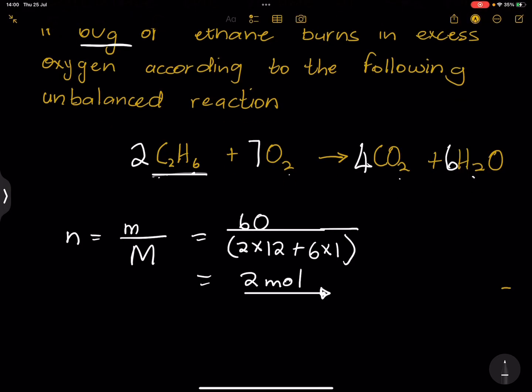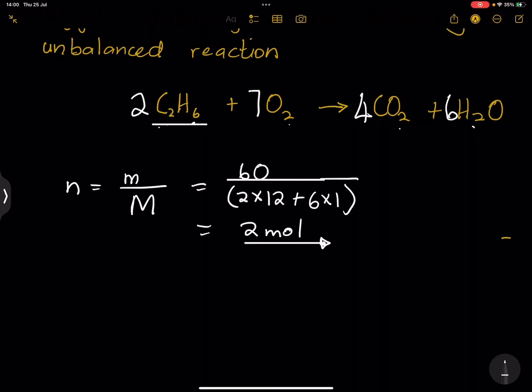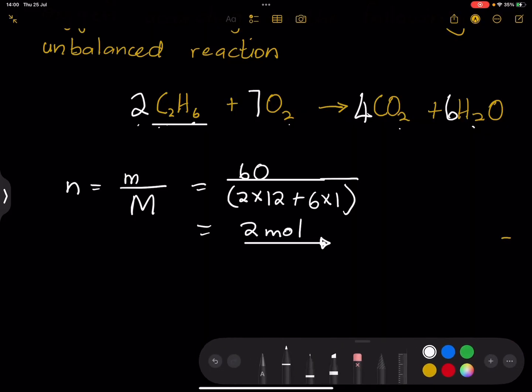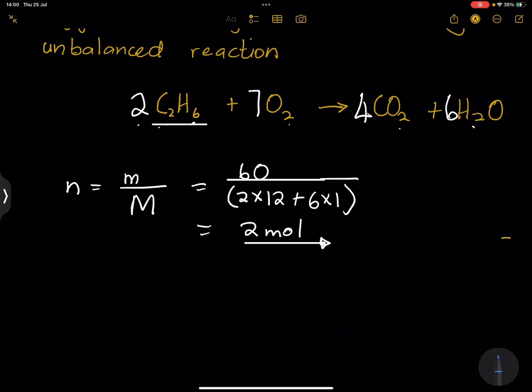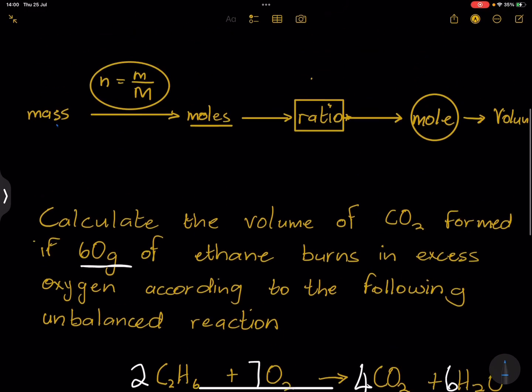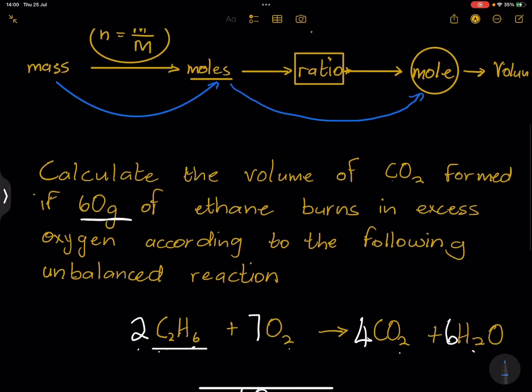All right, so now that we know that we've got 2 moles of ethane, we need to find out how many moles of carbon dioxide we have. So what we're going to do, ladies and gents, is go to our formula. Remember, we found the moles from mass to moles, and now we are going to use our ratio to find the moles of what we want. And what are we looking for? We're looking for the volume of carbon dioxide.